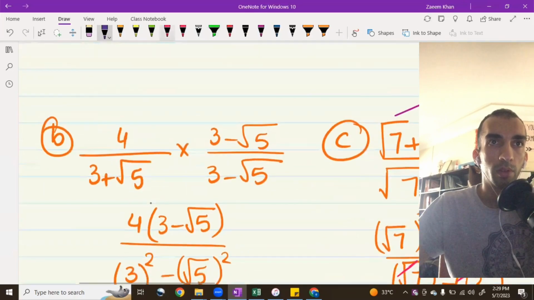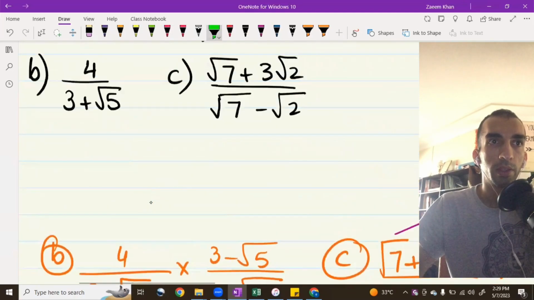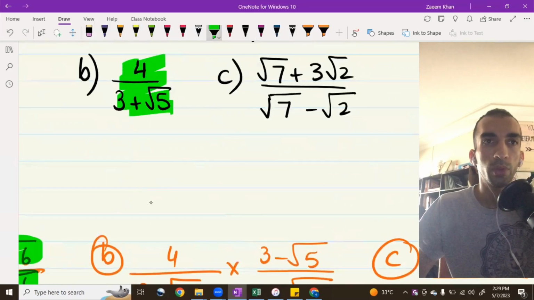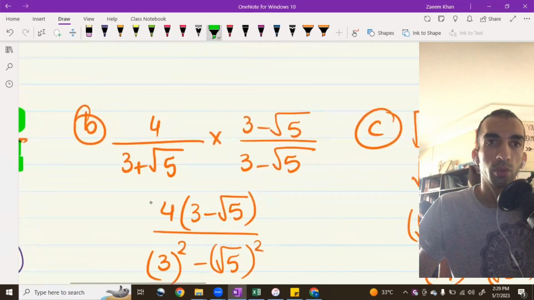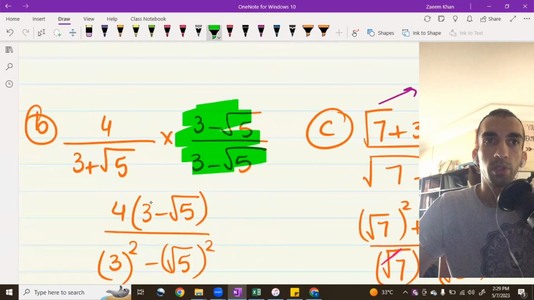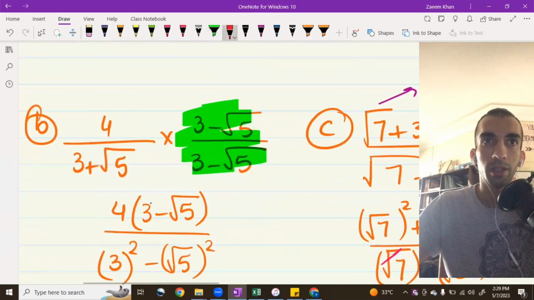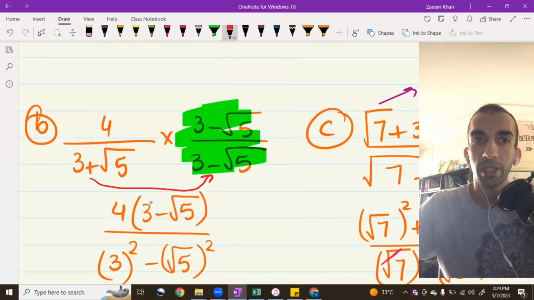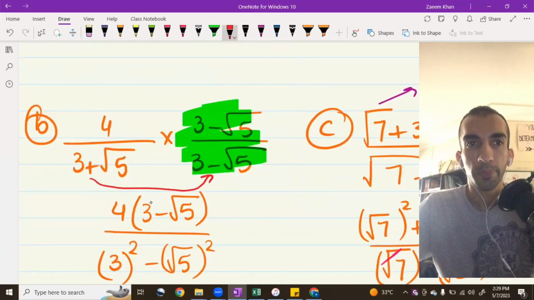Let's do another example. The question will just look like this. 4 plus 3 square root of 5. What I chose to do was multiply both the numerator and denominator with the same expression, but this time around, I changed the addition sign to a subtraction sign.